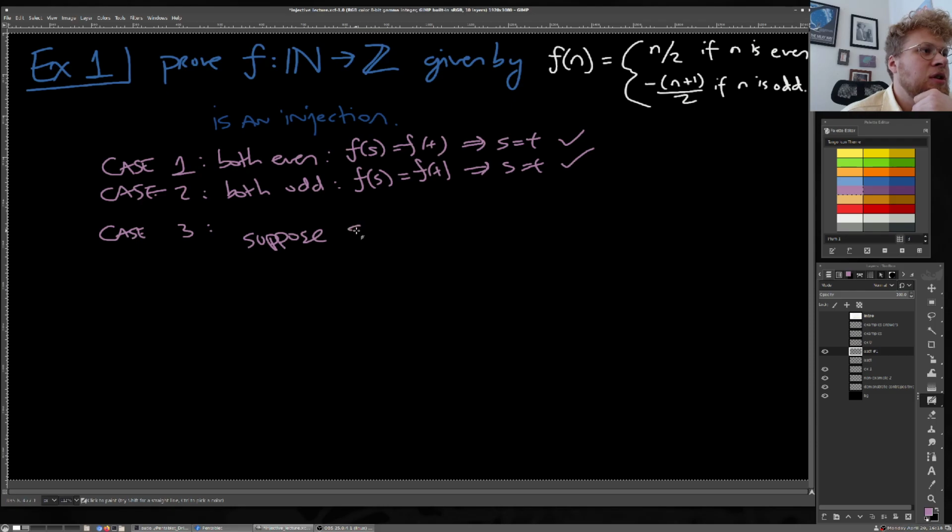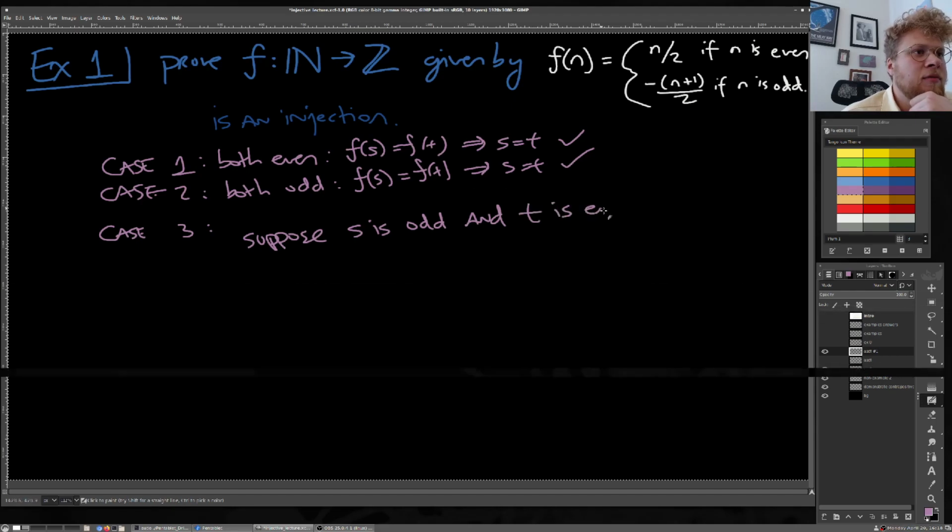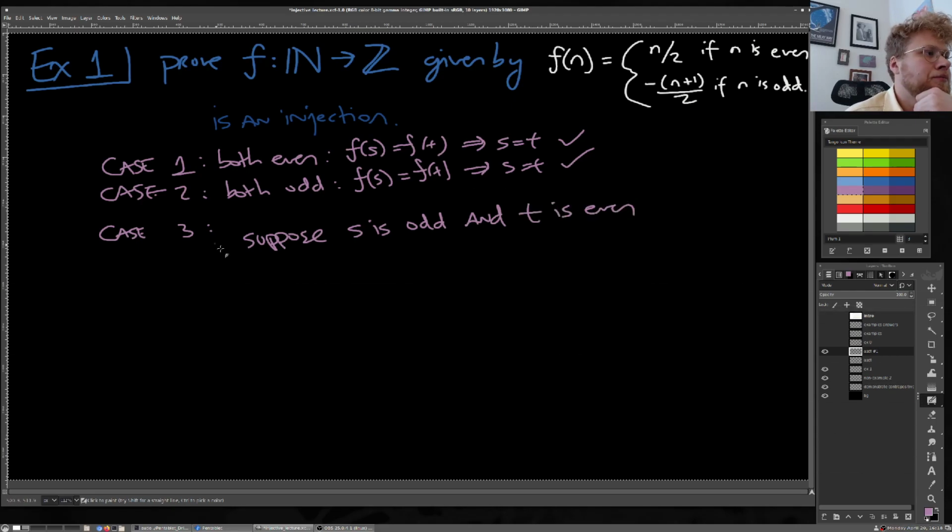Suppose s is odd and t is even. And of course, we are already assuming that f of s equals f of t.